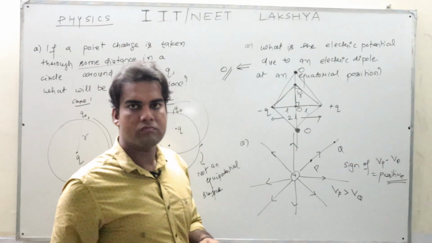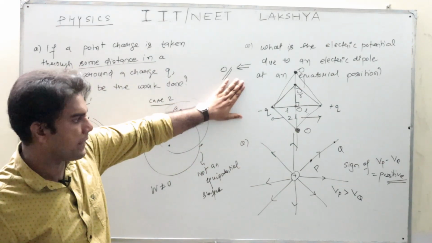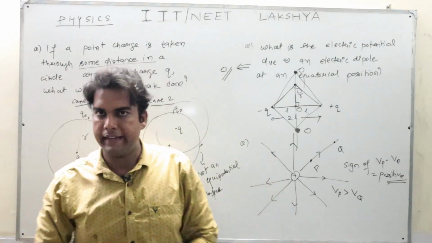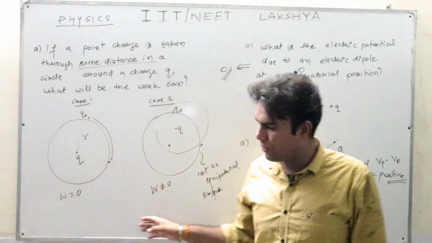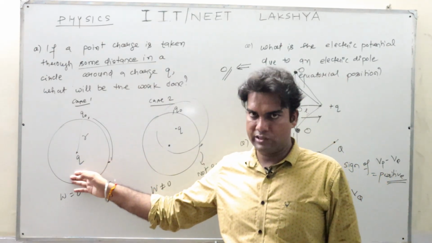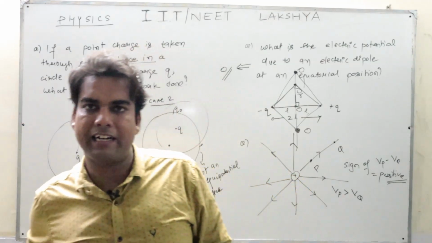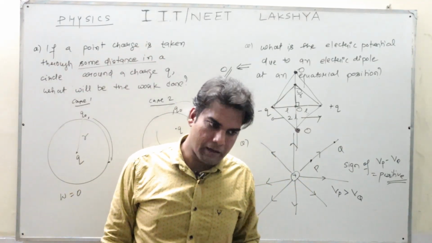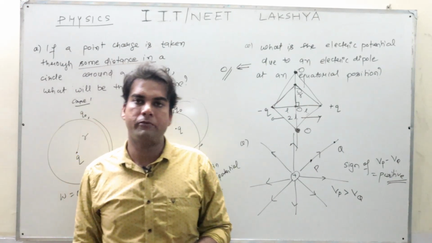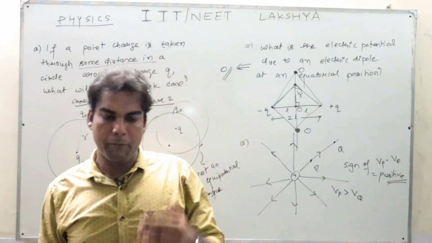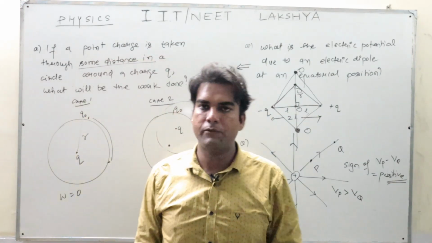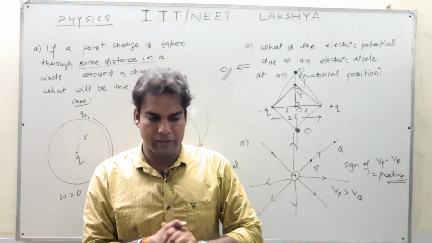So here the answer is 0, here the answer is positive, and here it is 0 or non-zero depending upon where the charge Q is placed. That was your concept of the relation between electric field and potential, and then we have seen the concept of a surface at every point of which potential is the same, and such a surface is known as an equipotential surface.